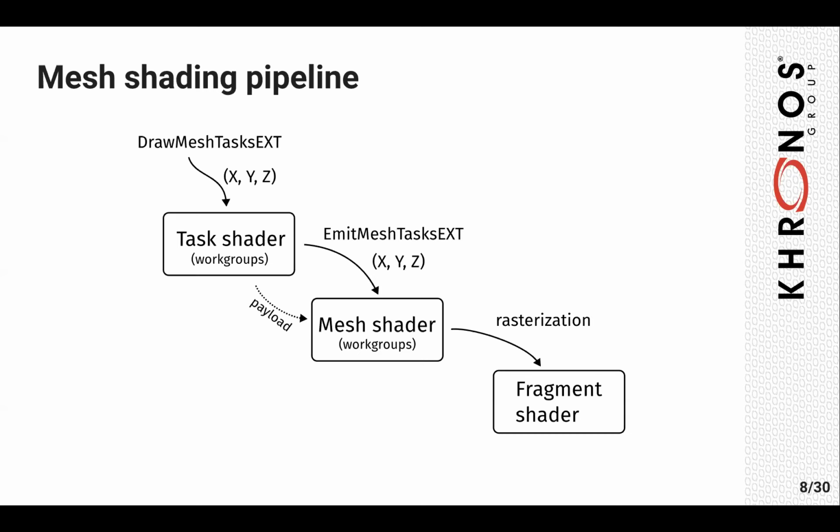The way this works is that you dispatch some work groups of task shaders, and within the task shaders, you can dispatch some work groups of mesh shaders, and you can pass some optional payload data to them from the task shader. And finally, the mesh shaders feed the rasterizer, and from there, you get a fragment shader which works exactly as it did before.